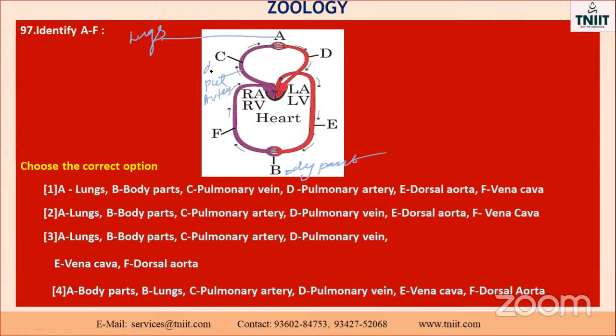It always carries deoxygenated blood, that's why it is shown blue. Pulmonary veins, already you know, carry oxygenated blood. And also the dorsal aorta. This one is the dorsal side, and this one is the ventral side. Don't forget, this is the structure of double circulation. Double circulation.